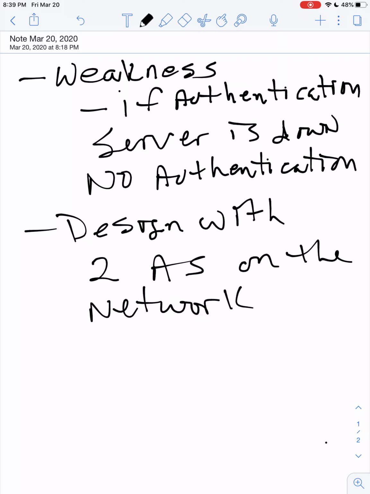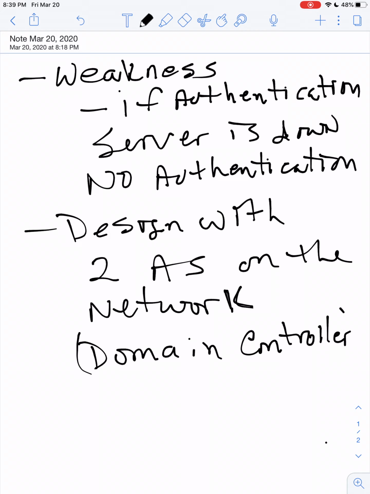Now Microsoft will put the authentication service within a domain controller. And everyone who is familiar with Microsoft, you'll always want to have 2 domain controllers at minimum on your network. So again, if the authentication server is a domain controller, you should always have 2 of those on your network.